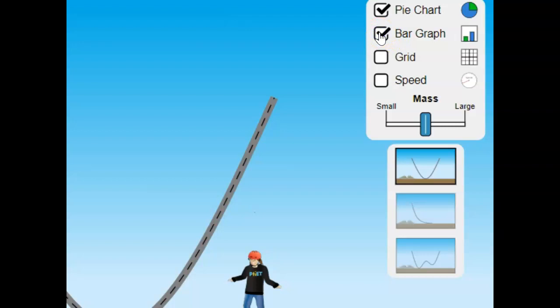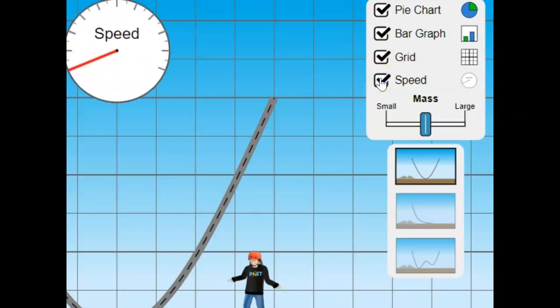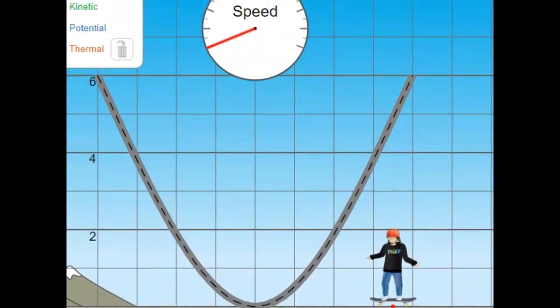The bar graph is going to be the same information depicted in a bar graph. The grid is going to help us measure where things are at any given point, and then the speed, which we probably won't need for this part, but we will down the road. Those are all checked.